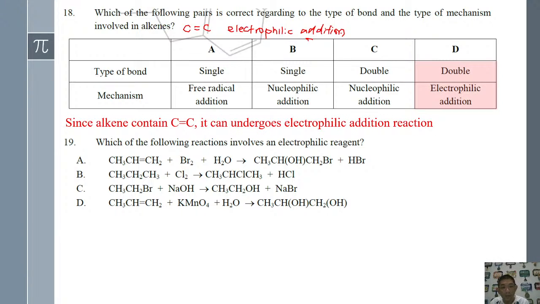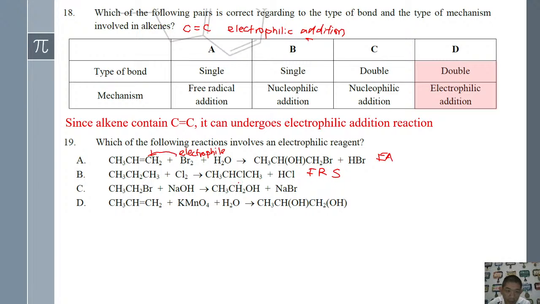Okay. Number 19. Which of the following reaction involve electrophilic reagent? So if you look carefully here, you are looking for electrophile. So this one is electrophile, yes. You add into a C double bond C, electrophilic addition reaction. So this is a type of electrophilic addition reaction. Whereas this one, chlorine reacting, this is a free radical substitution reaction.